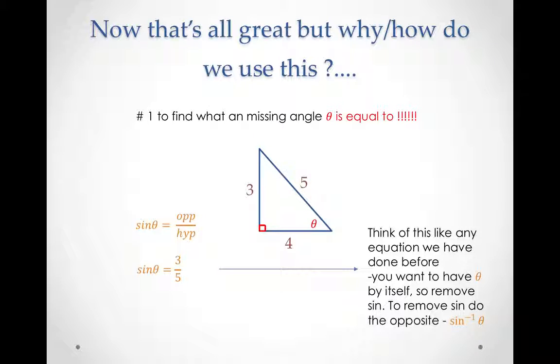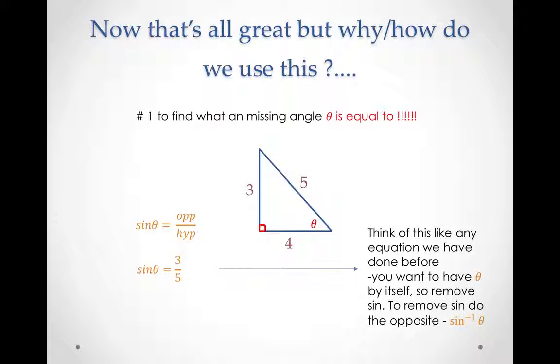Now, this might be new to you, but think of this like any equation that we've done before. Our main aim is to find exactly what theta is equal to. Not what sine theta is equal to, but what theta is equal to. So in this case, we want to have theta all by itself on the left-hand side of the equation, and to do so, we need to remove sine.